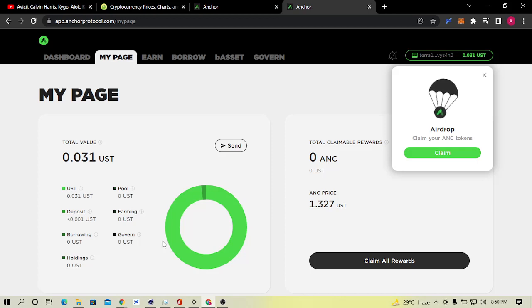Let's say I have $100 now, and I want to maximize this $100 to the fullest. I come here, I deposit $100, and because I am depositing $100, I'm earning, let's say, 5% of my $100. Because of that, I can come here again to borrow, and I can borrow 50% of my $100.